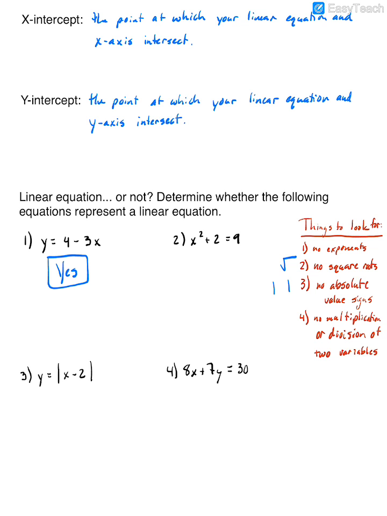x squared plus 2 equals 9 is number 2. I see an exponent up here, so that means it's a no because it has that. Okay.